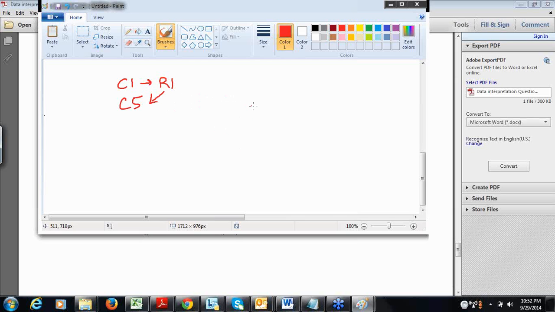Now C7 has 3 competitors. Therefore the number of companies selling in that region, say R2, will be 4. If C7's competitors are 3, maximum it can have 4.